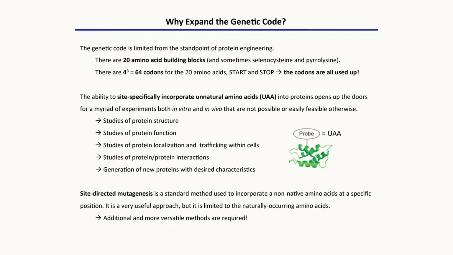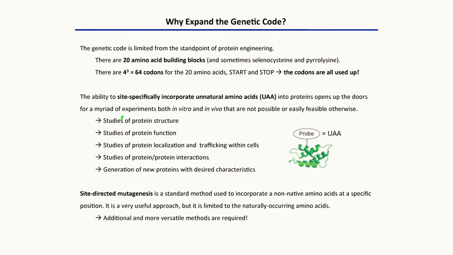Just broadly, if we think about being able to put something other than a natural amino acid in a protein at a specific location, exactly where we want it, that opens up many possibilities for experiments. We can think about those experiments both happening within a cell or outside of a cell, and these are experiments that just wouldn't be so easy or feasible otherwise.